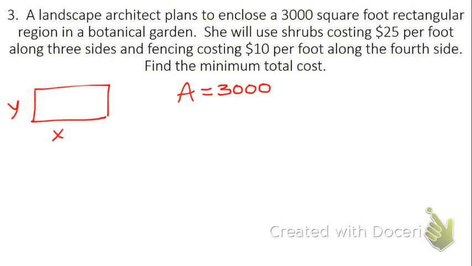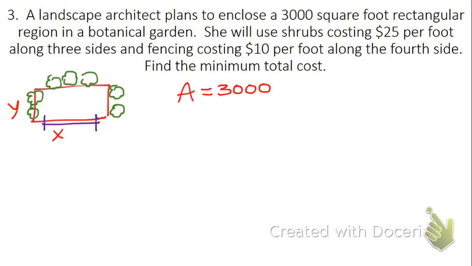Our X's and Y's may be switched or whatever, but I am going to make the shrubs go here on these 3 sides. And I know these are fabulous shrubs, but that'll help us get an idea of what's going on. And then fencing is going to go on this side. Okay, so the shrubs are $25 per foot.